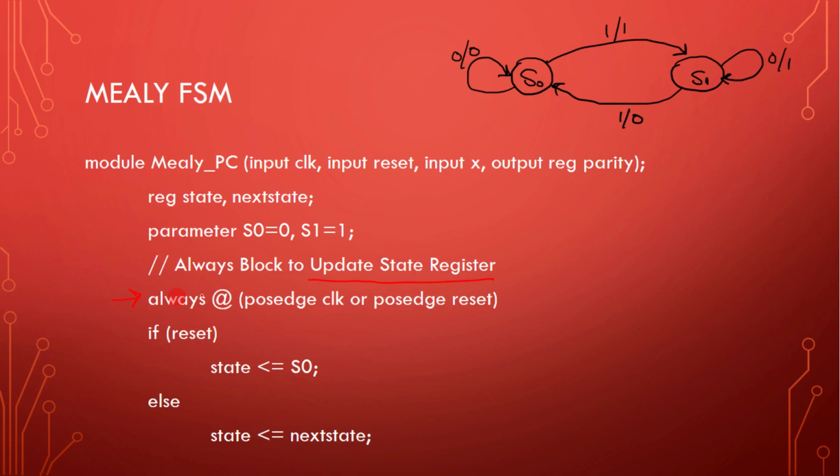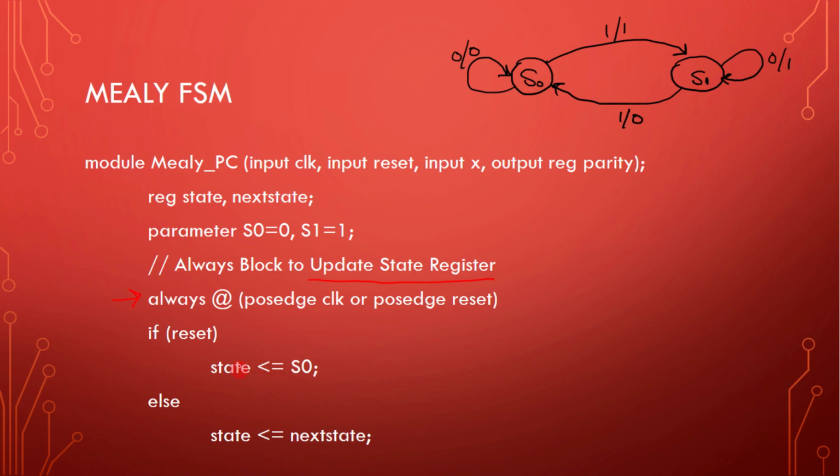So in this cyclic behavior or always block, you have two variables in its sensitivity list. Here, if reset is enabled, your state becomes initial state, which is S0, from which you have started your state transition graph. If reset is not enabled, your state will be updated to next state.